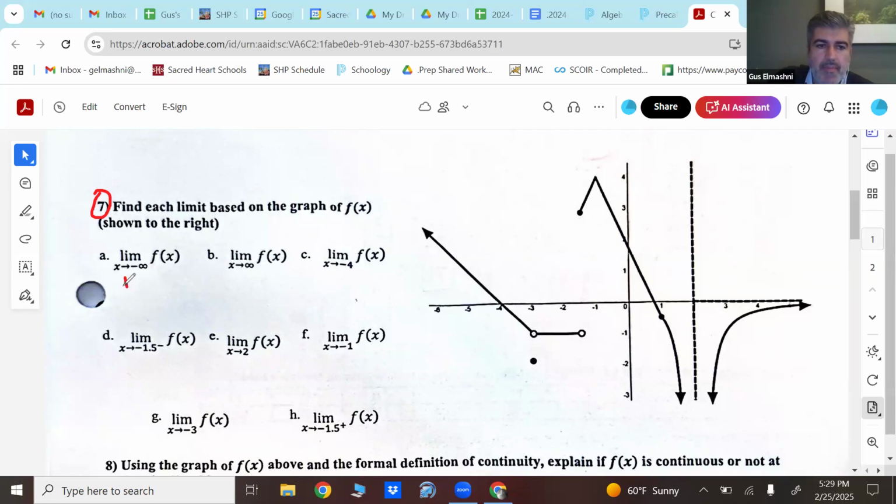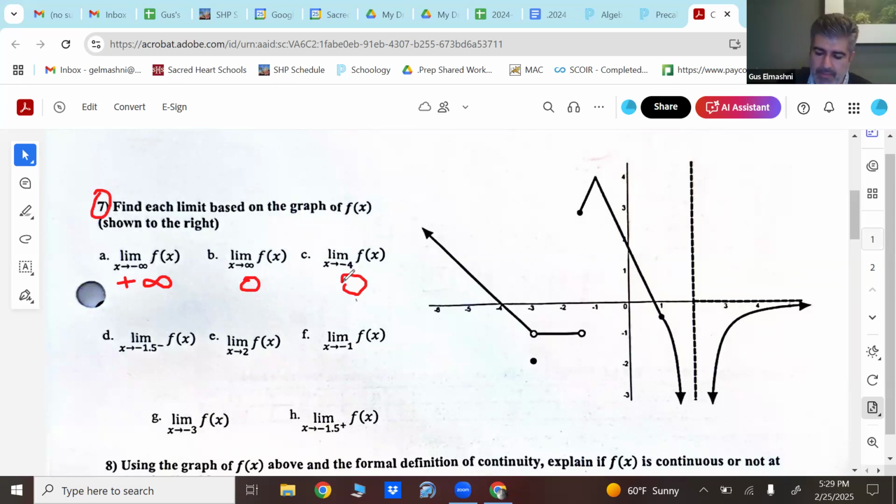Right, that's going to be positive infinity. That's going to be 0. This one's 0 as well, because it's straight up, right?